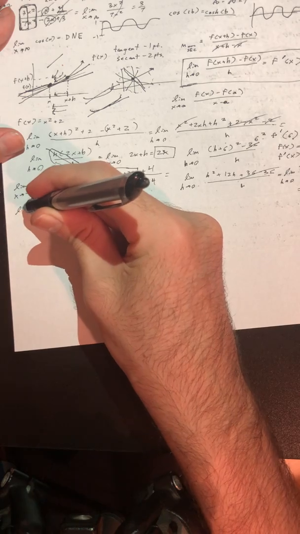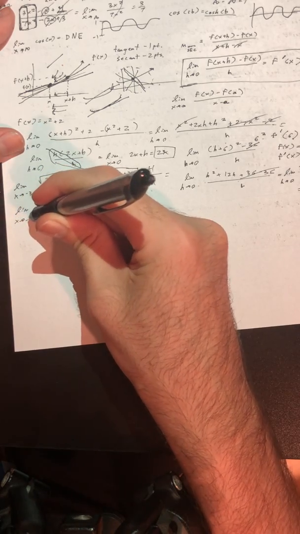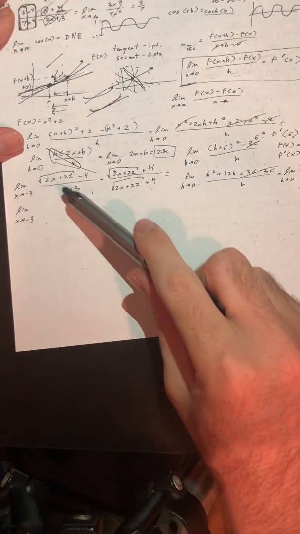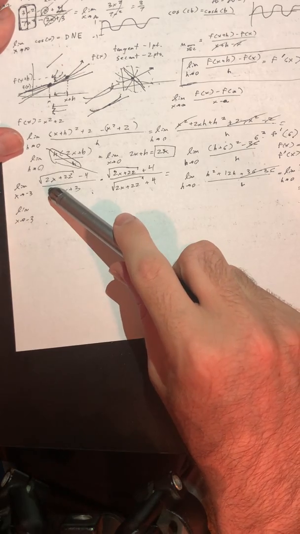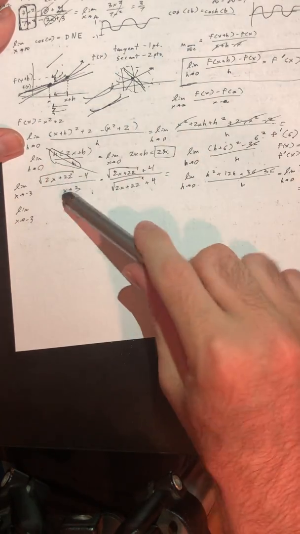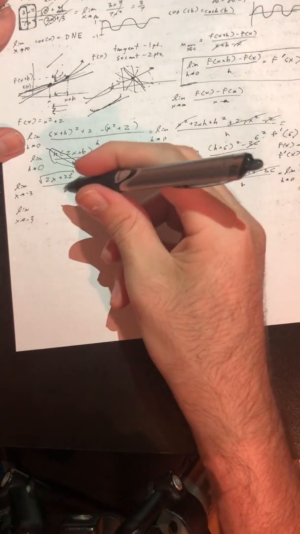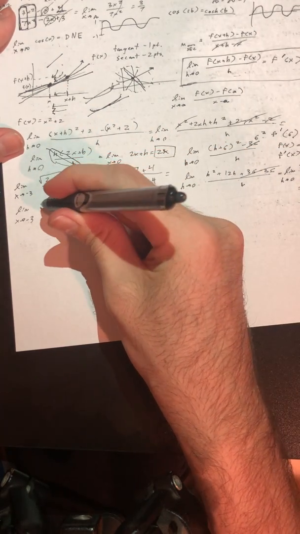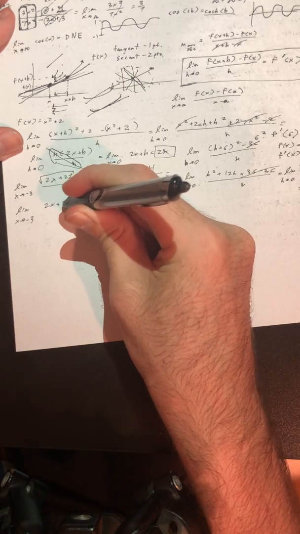That gives me the limit as x approaches -3. So this is really a difference of squares, so we can just take this squared and this squared. The square root of 2x plus 22, squared, is just 2x plus 22.